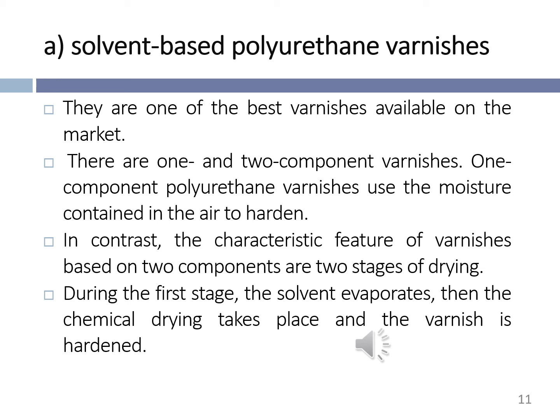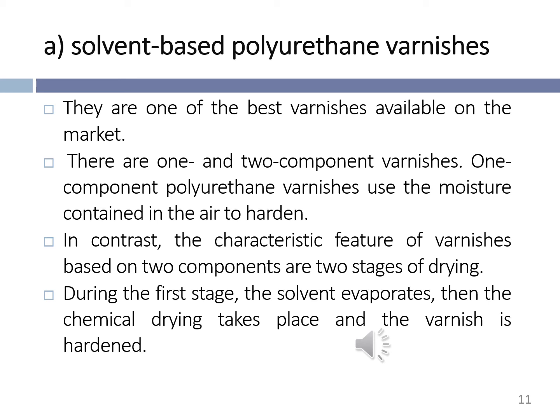So what are the features of two component based varnishes? They are based on two components. They require two stages for the process of drying. During the first stage, the solvent evaporates, then the chemical drying takes place and the varnish is hardened.